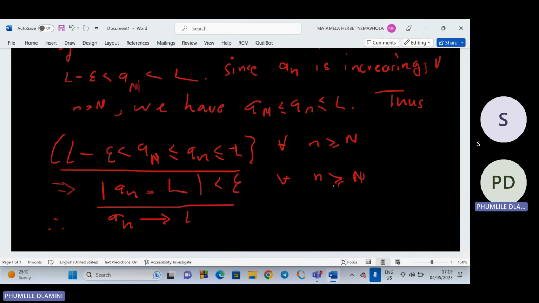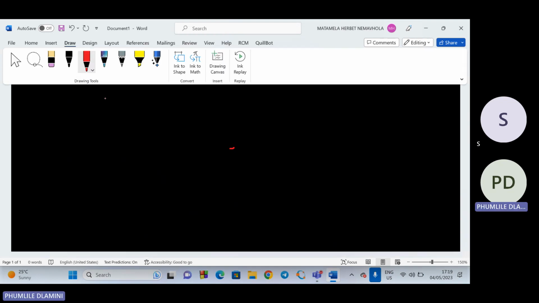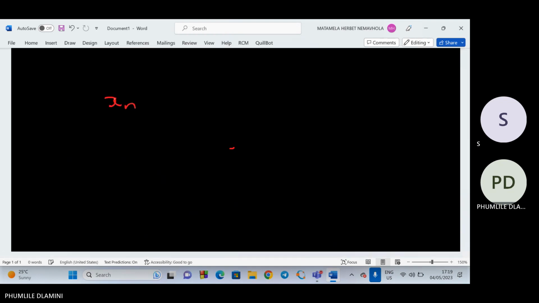So now we'll go to a question. The first question in your assignment, I think the last question, states: use the monotonic sequence theorem to prove that the sequence xn equals 1 over square root of n converges to 0.